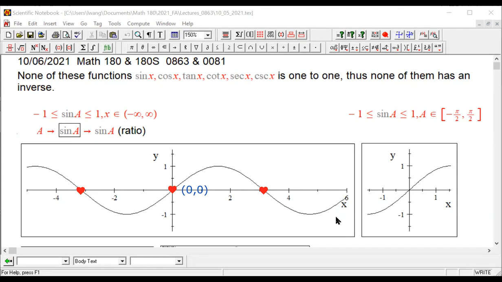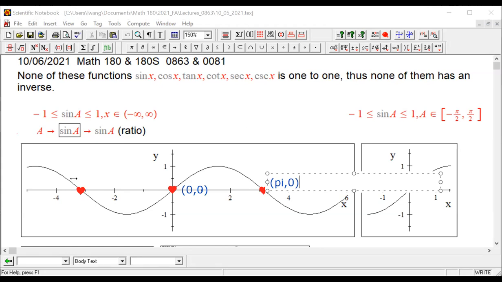Now you can also reference the unit circle. What are these other 2 points? Would that be pi? That's right, pi. The output? 0. The ratio is 0. Very good.